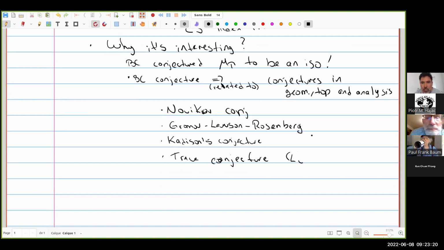So you can look at some papers by Wolfgang Lück. Okay, so this is for motivating why this can be interesting, and it's a main subject. It was for many years in non-commutative geometry, this link between topology and analysis. And now I'll give you the definitions.